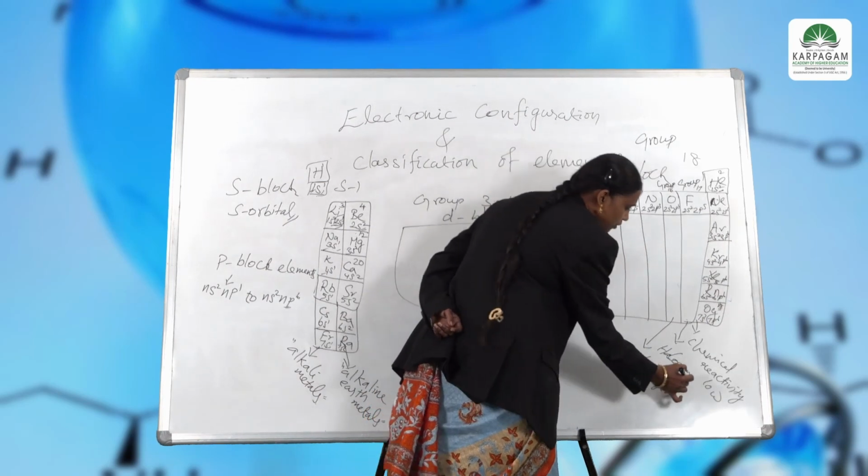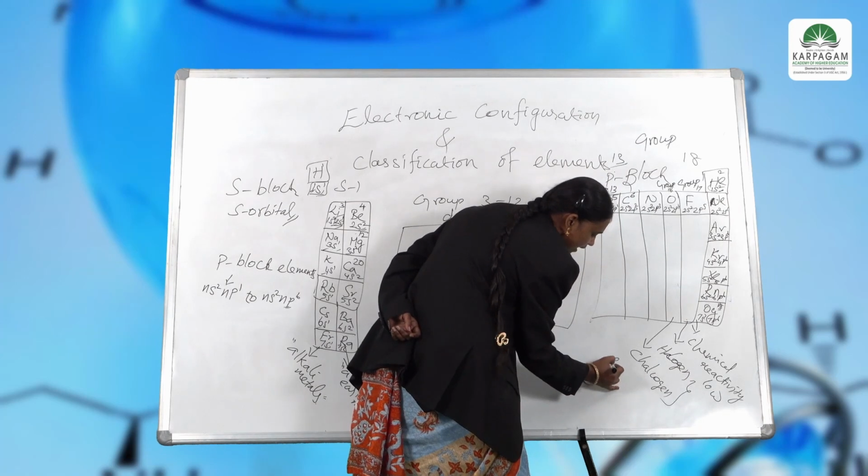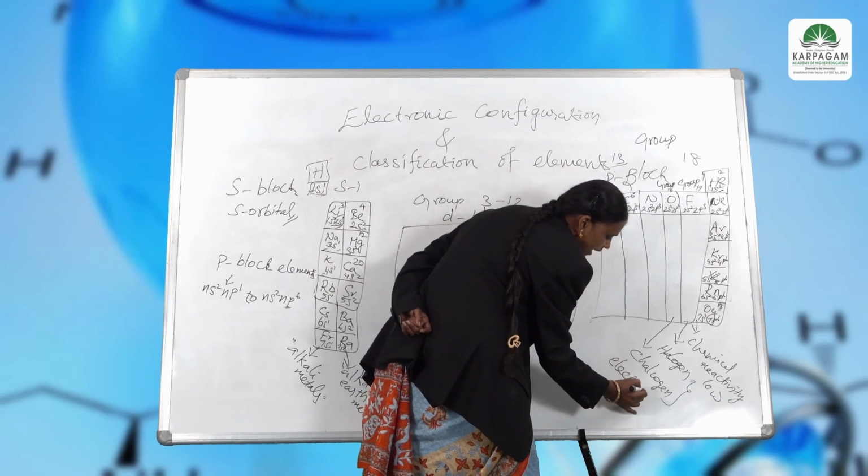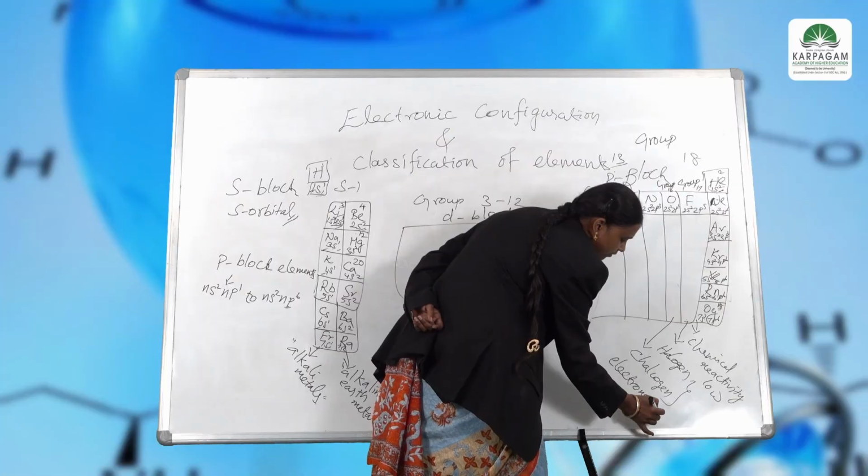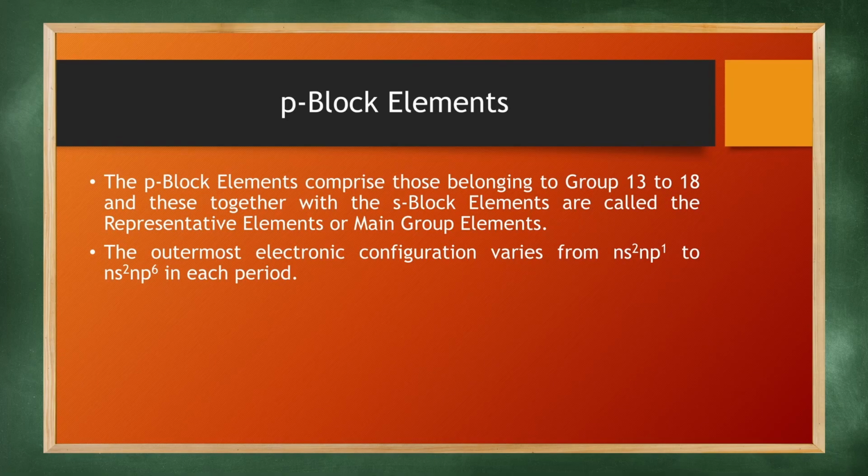These two groups have high electronegativity, and they absorb one electron or two electrons. They attain a stable noble gas configuration. The noble gas configuration is a stable configuration.